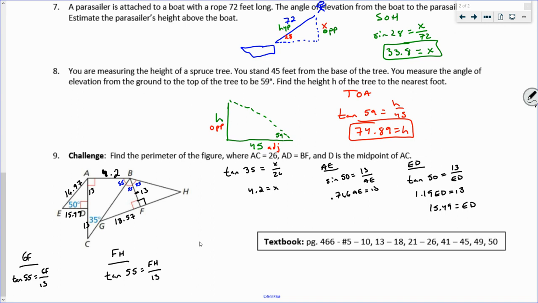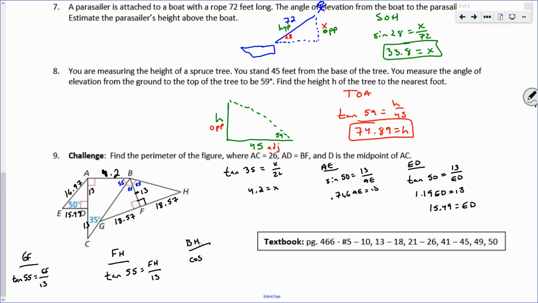So tan of 55 times 13 is the same as before, right? So we also got 18.57. Fancy that.